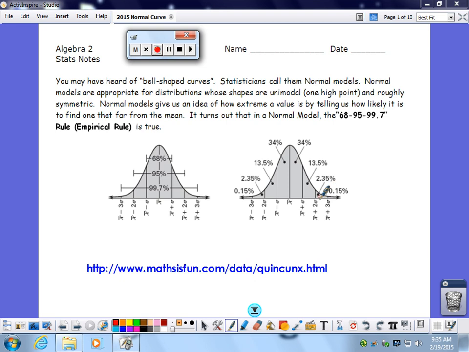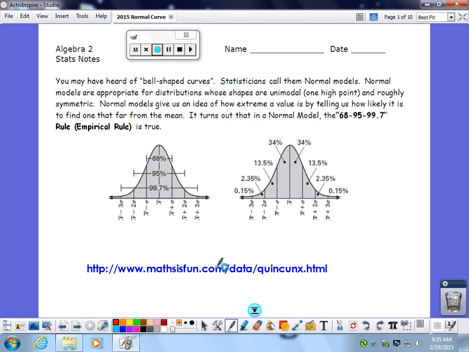Now, the area under the curve totals 100%. So we've got 100 minus 99.7. That leaves us 0.3%. Here again, split the difference. So that means the tails are 0.15%, 0.15%. Like I said, memorize this breakdown or be able to find it quickly.